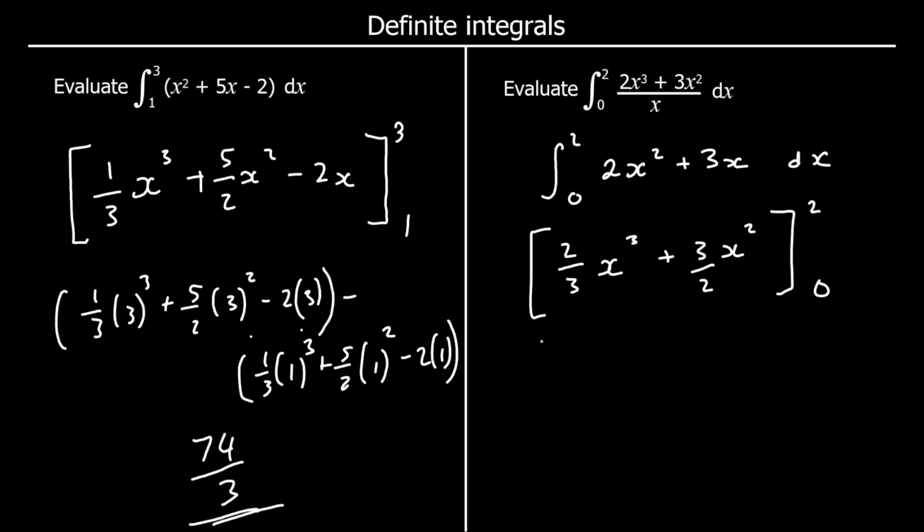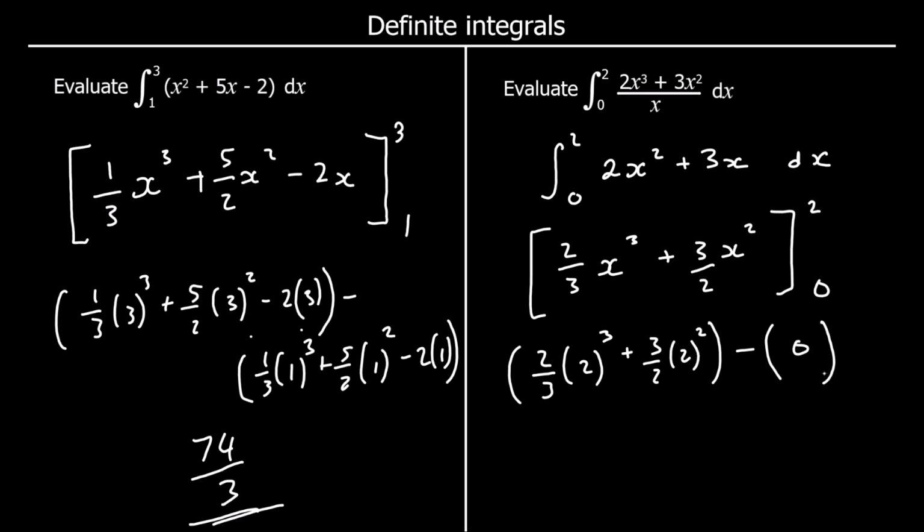So substitute them in. We've got 2/3 times 2 cubed plus 3 over 2 times 2 squared. Take away 2/3 times 0 cubed and 3 over 2 times 0 squared, which will both be 0.